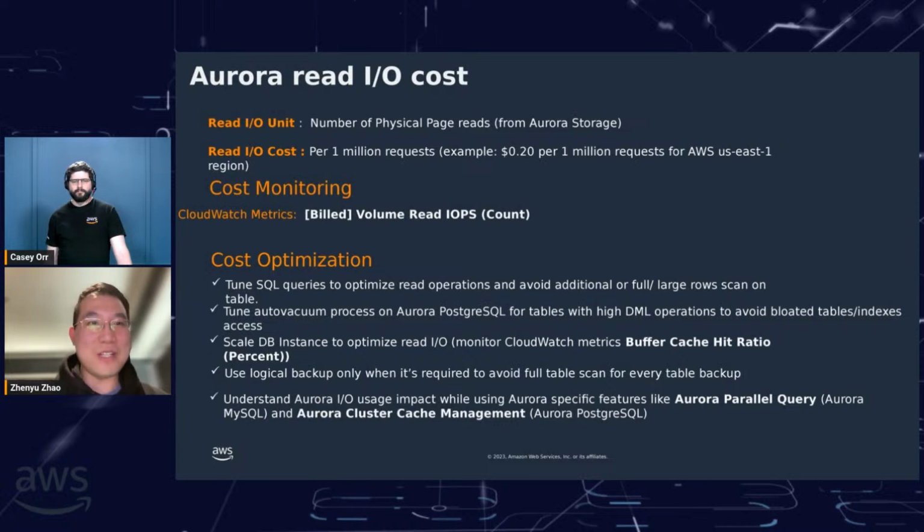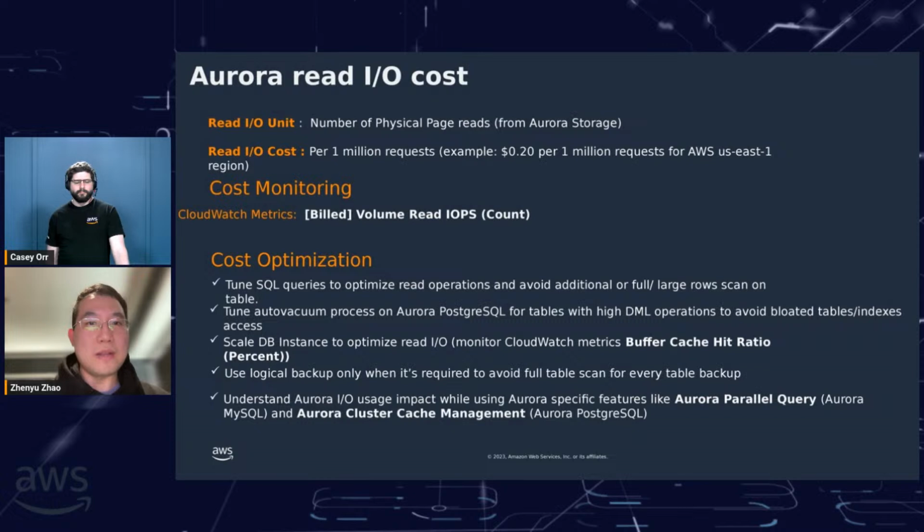But you don't need everything now, you just need enough information to do the job. And also use the auto vacuum process on Aurora PostgreSQL for high DML operations to avoid any blockage on the table and index access.